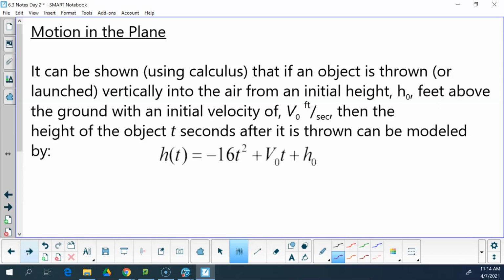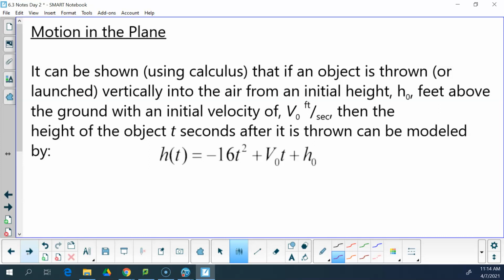So it goes straight up and it comes straight back down in the same path. Launches it, goes up. Gravity takes effect, slows it down, ends up stopping it at its highest point, comes back down until it hits the ground. We're not going with any bounces so far. No bounces today.